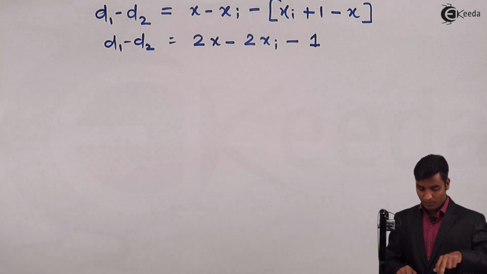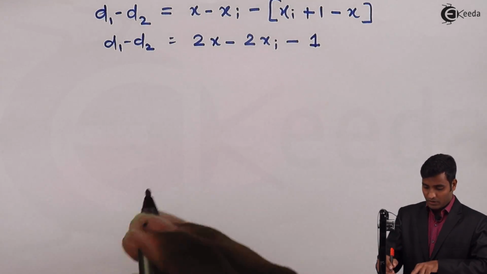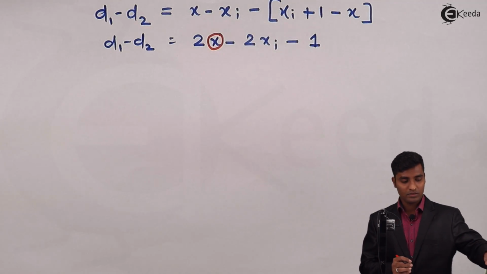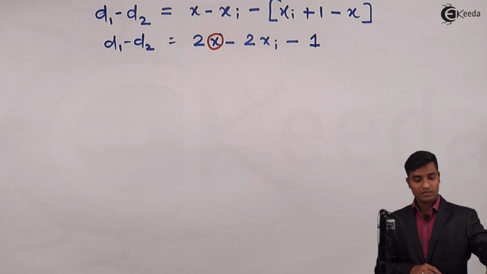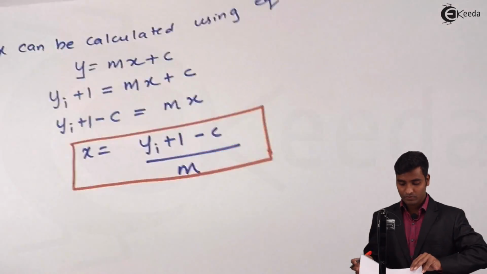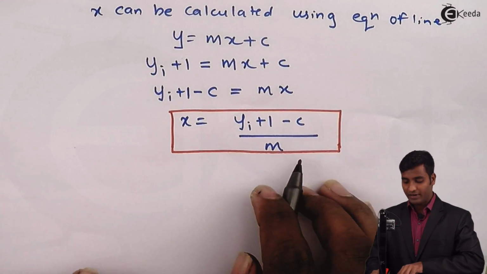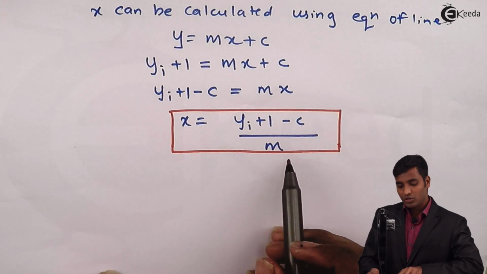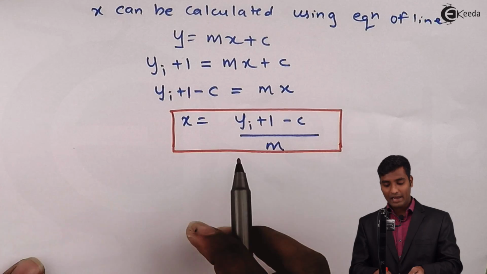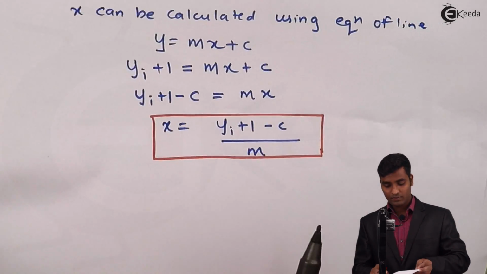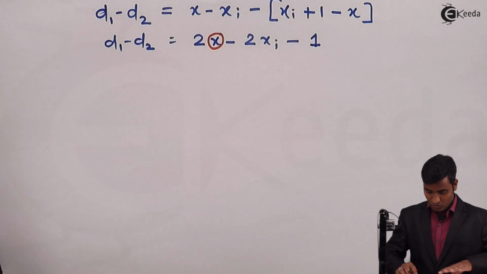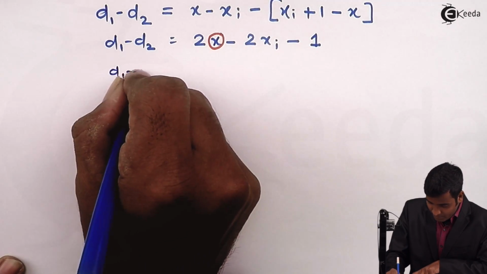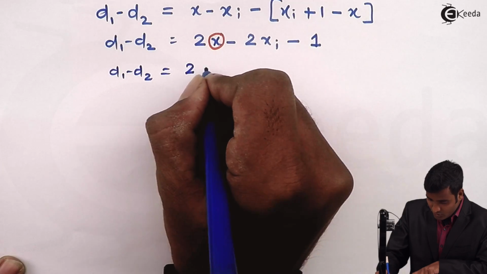The value of this x I already calculated earlier, that is yi plus 1 minus c upon m. So in the place of that x, I will put these values. Now I know D1 minus D2 is equal to 2 times x minus 2xi minus 1.